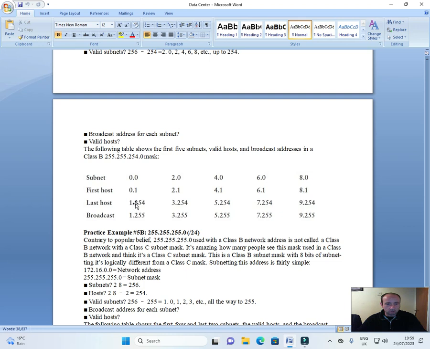Last host: 1.254, 3.254, 5.254, 7.254, 9.254. Broadcast: 1.255, 3.255, 5.255, 7.255, 9.255.